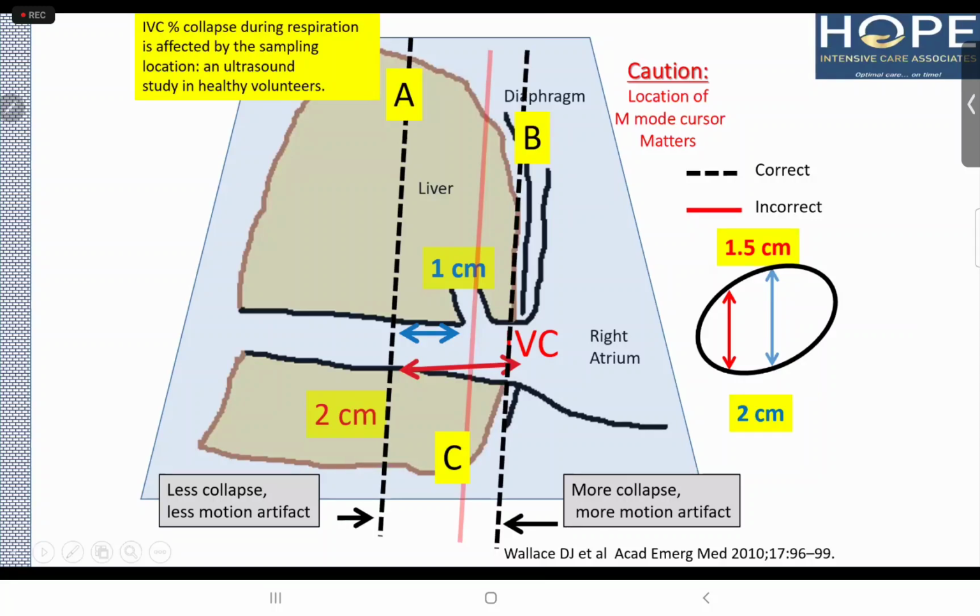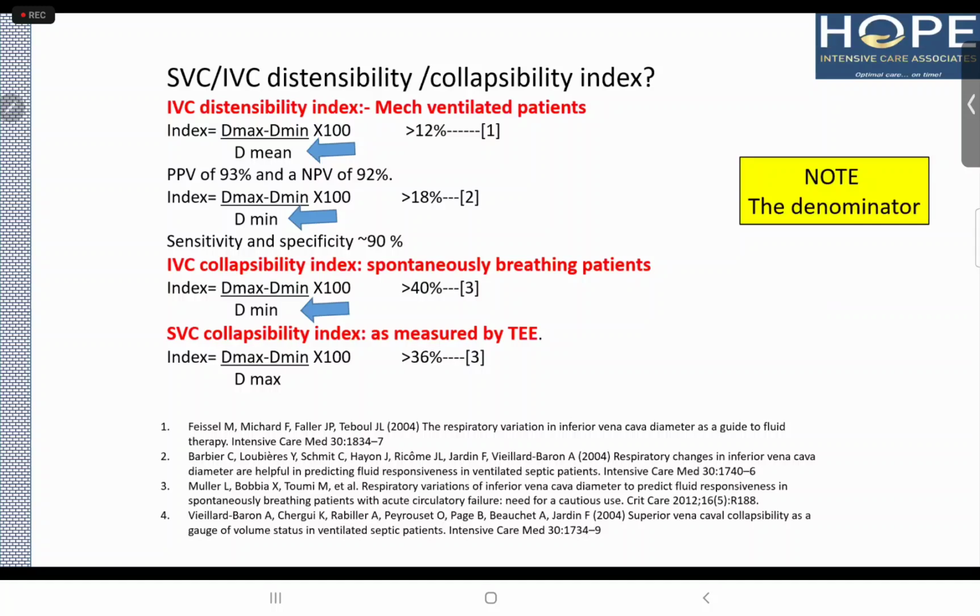Now, IVC distensibility index and collapsibility index. The distensibility index is used for mechanically ventilated patients. During inspiration, IVC distends because of reduced venous return, and vice versa during expiration. So maximum diameter minus minimum diameter divided by minimum diameter times 100, and the cutoff value taken here is 18%.